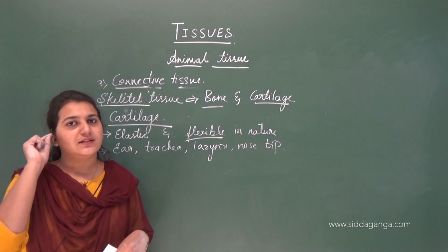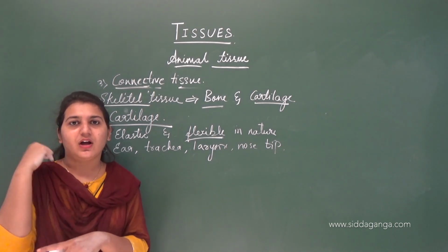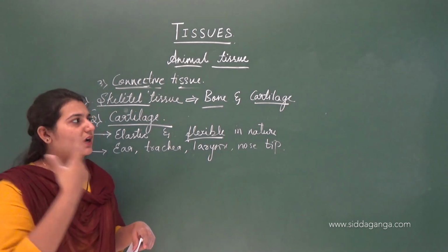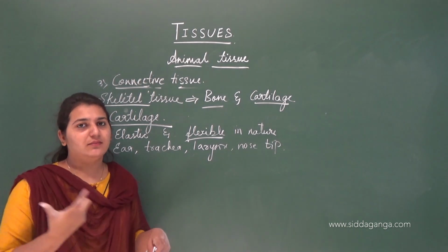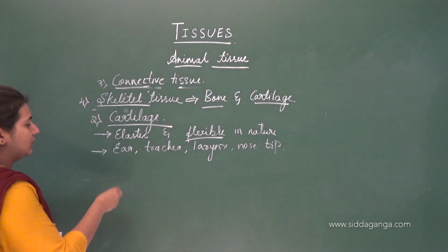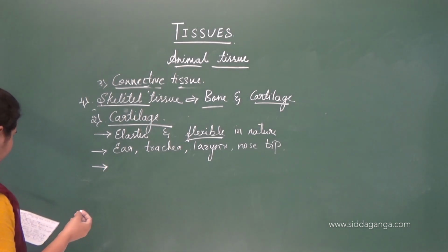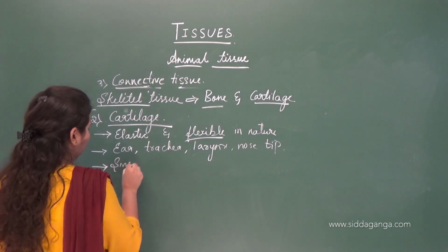See, the ear is bendy, you can bend it however you want to, but you cannot just bend your arm, isn't it? It is because the bones are not flexible, and the cartilage present in the ear or nose tip is flexible, so we can bend it if we want to. They are bendy in nature because they are flexible.